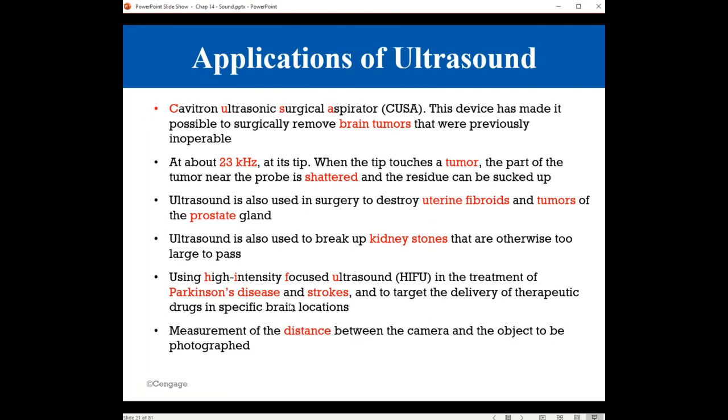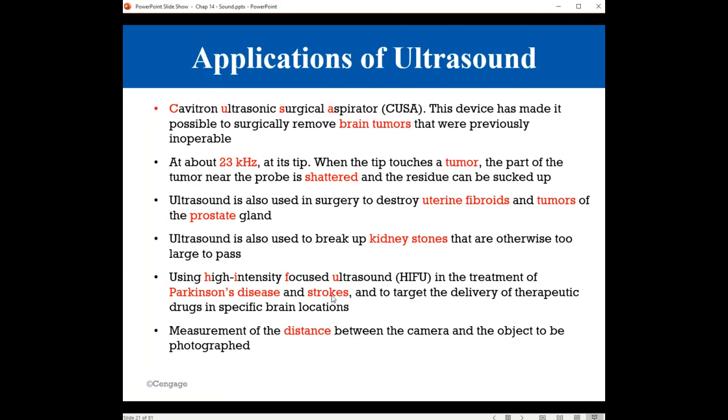Another application that uses the energy carried by the ultrasound waves is the high intensity focused ultrasound technique, HIFU as it is known. It is used in the treatment of Parkinson's disease to remove the damaged part of the brain that caused this disease.